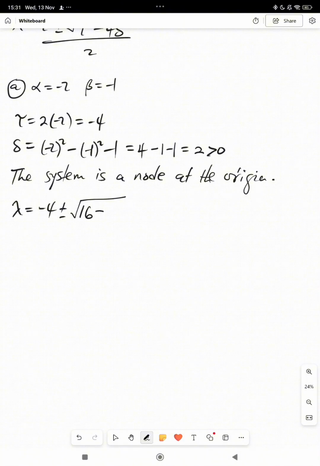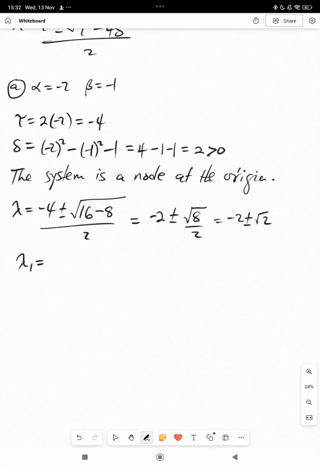Delta is 2, so 8, all divided by 2, which gives us minus 2 plus or minus the square root of 8 divided by 2, which is minus 2 plus or minus root 2. The square root of 8 is 2 root 2, and we are dividing by 2. So lambda is equal to this value.